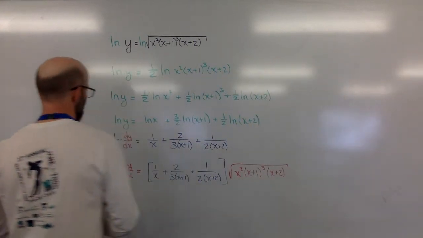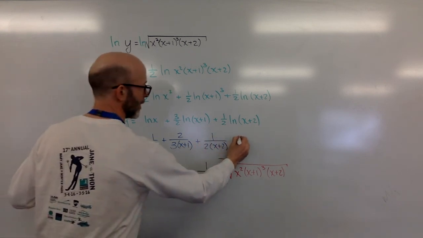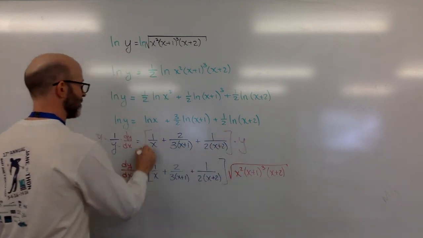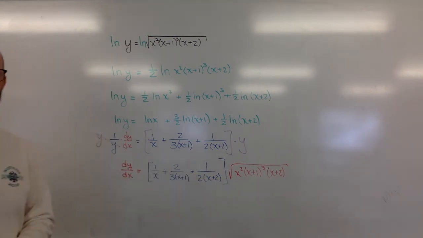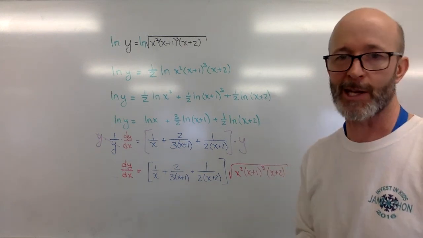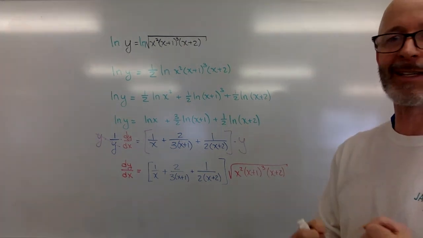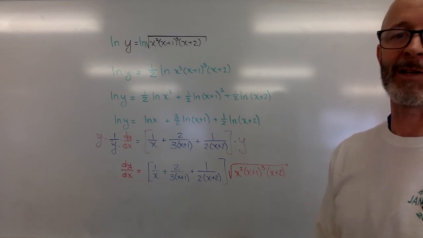To get rid of the y that was right here, I'll multiply both sides by y, and to rewrite it in terms of x, this is what y is equal to. Ladies and gentlemen, this is called logarithmic differentiation. I hope it just gets you so, okay, it's not exciting, but it makes an incredibly hard derivative much easier. Try it.